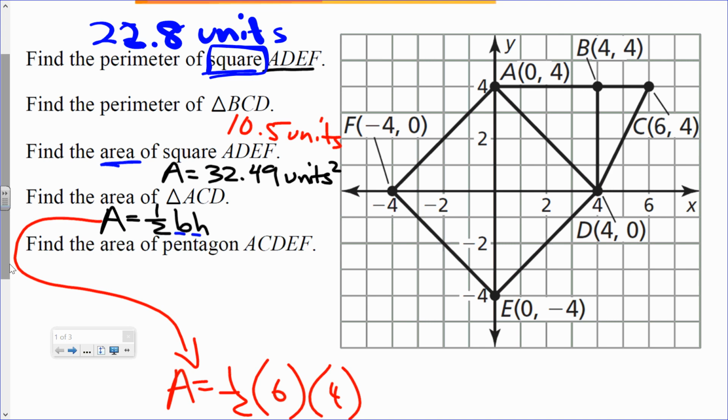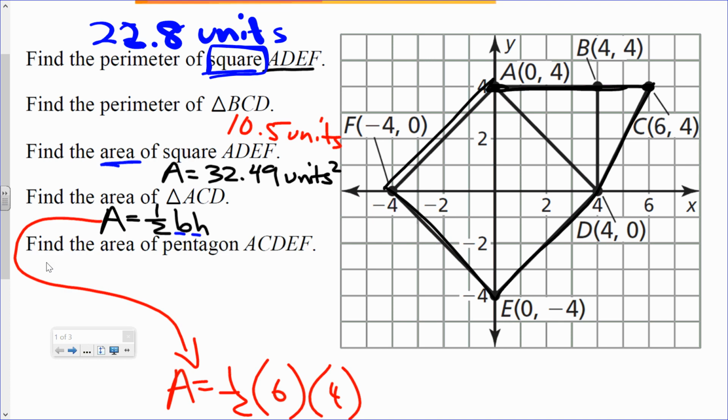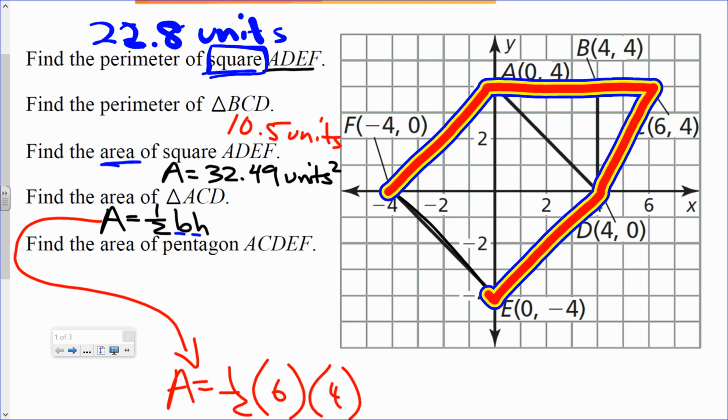A, C, D, E, F. So right here, this pentagon. Let me use a better marker to highlight it. Here, here, here, here, and here. That's a pentagon. It's a 5-sided shape. What would be the area of that one?